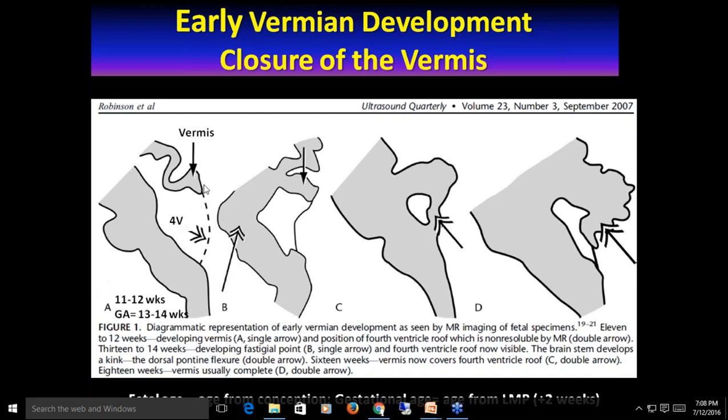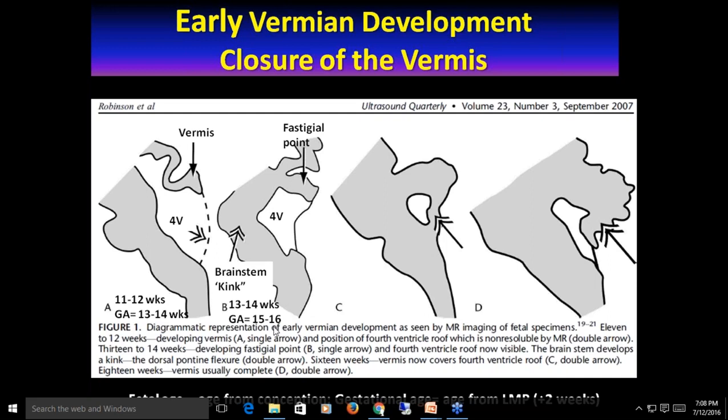In A, we can see the area of the vermis and the fourth ventricle. The roof of the fourth ventricle in this particular study by MR was not well seen at the gestational age of 11 to 12 weeks and 13 to 14 weeks from the last menstrual period.